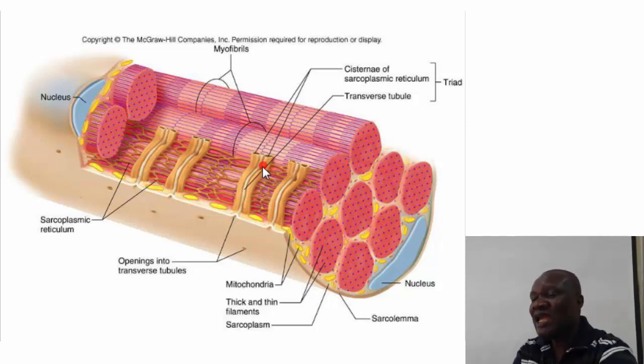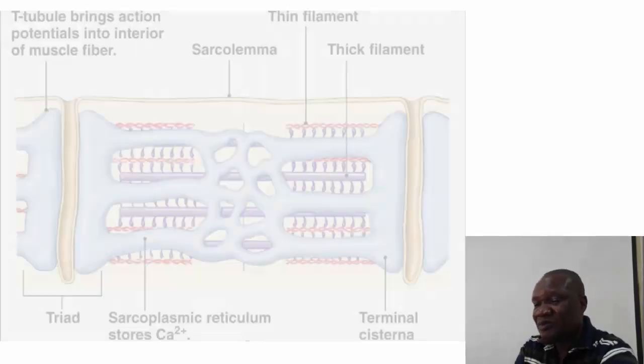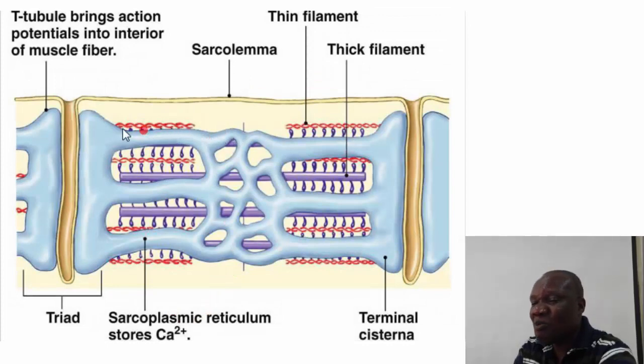The nuclei in the cell are pushed to the periphery of the cell. They are not central. Then we have also a lot of mitochondria found in the cell, which are also peripheral. Now, the sarcoplasmic reticulum are the storehouses for calcium ions. And action potential is conducted into the cell via the T-tubules.